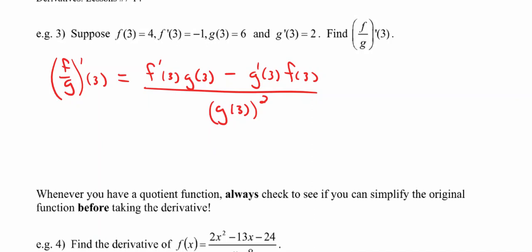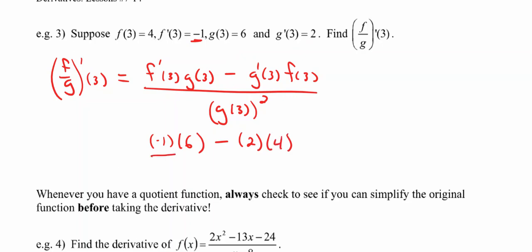So we can go back up here and just one by one check them off. We're like, okay, f prime of 3, well, that's negative 1. Okay, so I'll fill that in. So f prime of 3 is negative 1. And then moving on to the next one, g of 3 is 6. Minus, and then g prime at 3 was 2. And then f of 3 was 4.